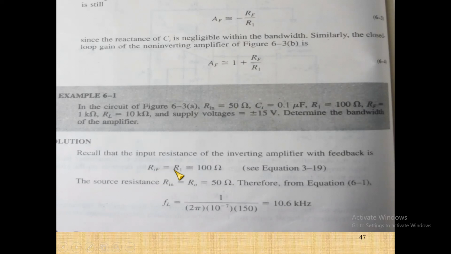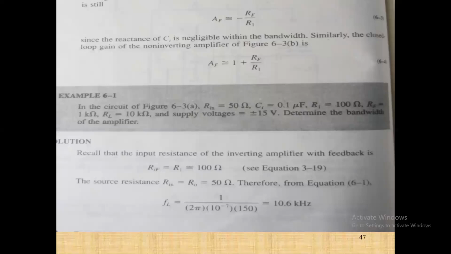So RIF is equal to R1, approximately 100 ohms. 100 ohms is R1 here. The source resistance Rn is equal to R0 is equal to 50 ohms. R0 is also considered 50 ohms.